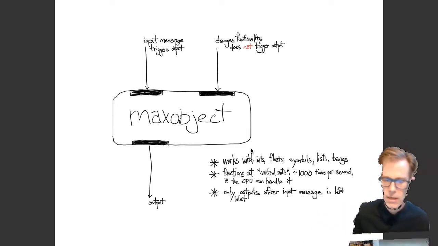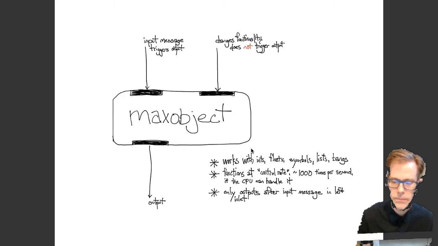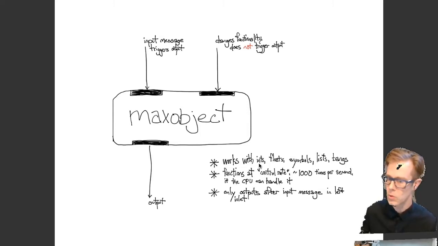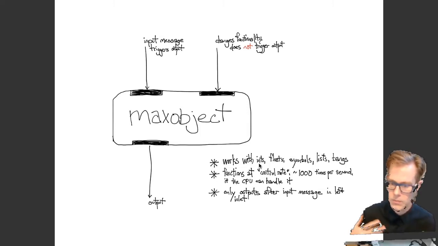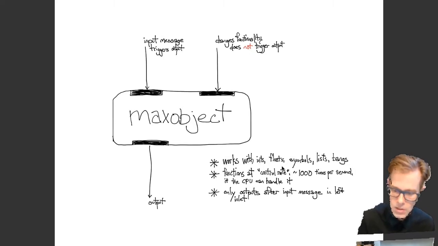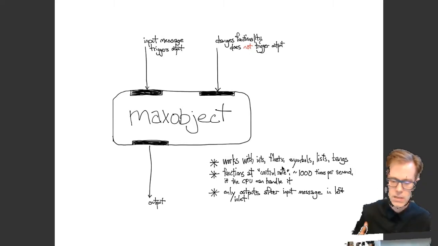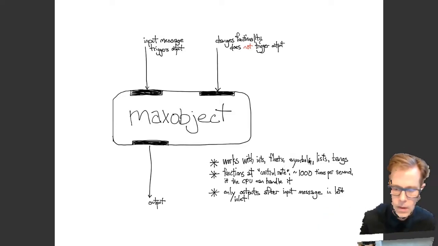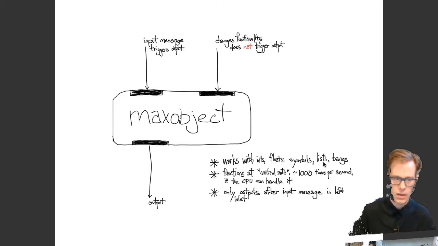A Max object is going to look like this, and it can take these atomic types of data: ints, which is short for integers or sort of whole numbers; floats, also known as floating point numbers, so that's going to be a number with a decimal place and then maybe some fractional value; symbols, which are strings of text; lists, which a list is going to be a collection of different types of messages.